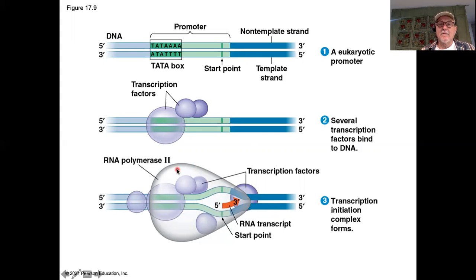But the critical part of the complex is this, which is the RNA polymerase. And the RNA polymerase is able to separate a small area of the DNA bases, one from the other, like this, and immediately begin laying down an RNA strand, which is going to form our messenger RNA strand. And as I told you, it's going to form in this direction this way, because we have to add at the 3' end there.